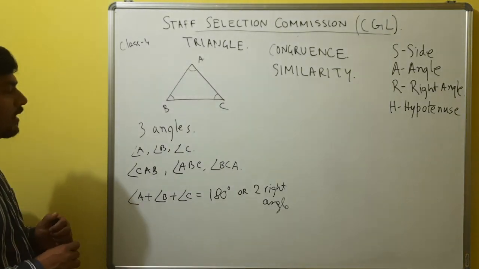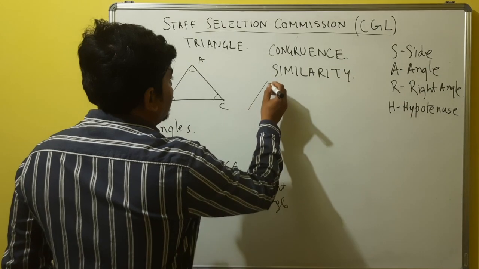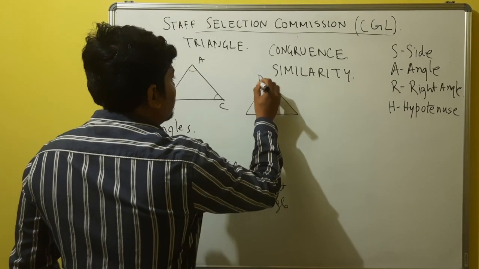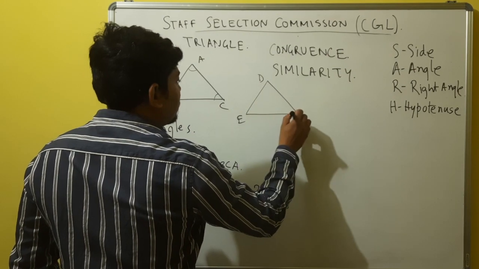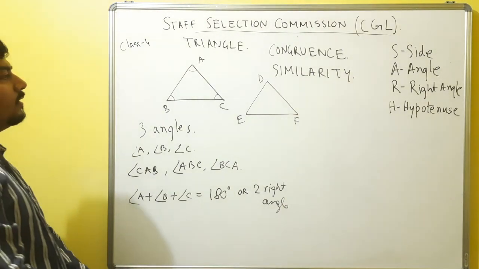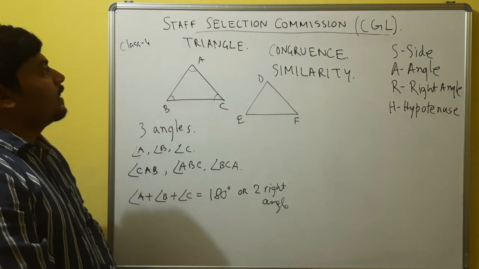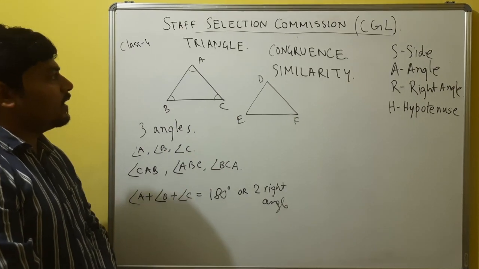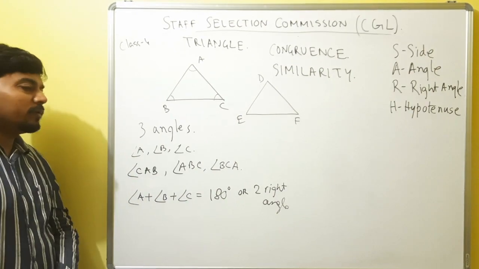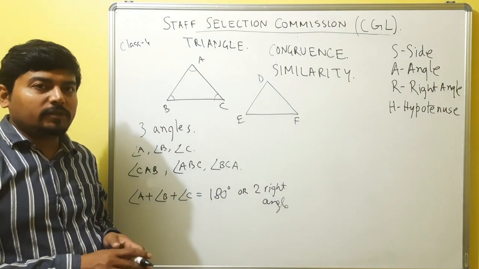Now, let's say there are two triangles. This is ABC, and let me draw another triangle, DEF. Now, I want to see whether these two triangles are equal or not. Equal in the sense, there are two kinds of things: one is congruence, another is similarity. What is congruence?